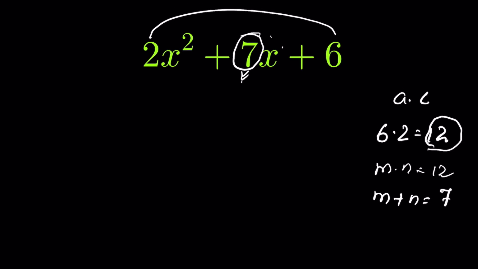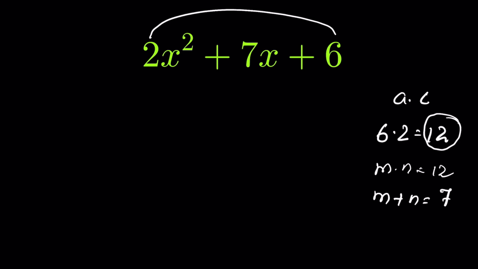Or we can consider this product 12 and break it down into two numbers such that the sum is 7. So you can focus on either of these two numbers to factorize it.